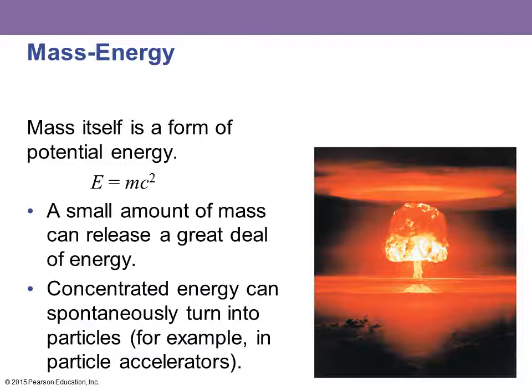What you see in the photograph there is a hydrogen bomb. It's the product of fusing hydrogen atoms, and in the process there's a huge release of energy. It's called nuclear fusion. This is an uncontrolled version of nuclear fusion, and it's the same form of energy-mass conversion that is happening in the interior or the core of the sun. Nuclear fusion is the way that's all happening.